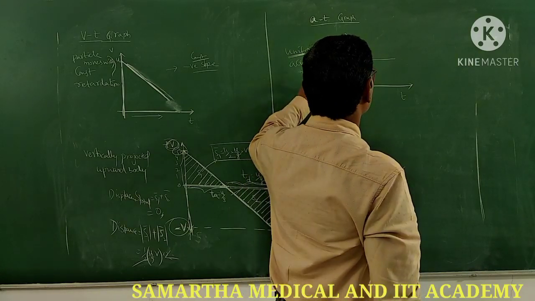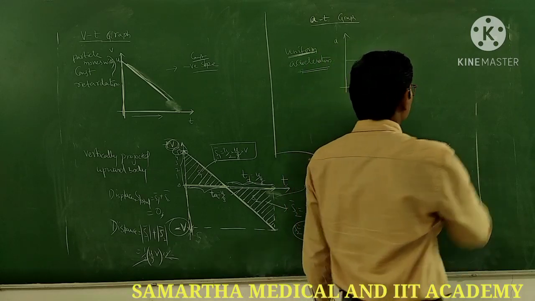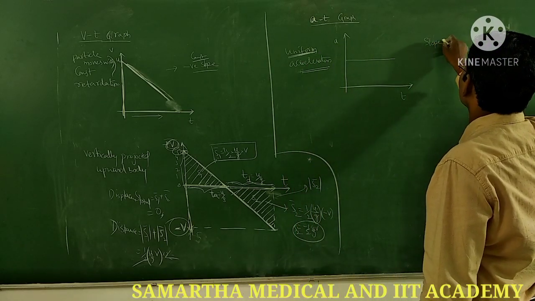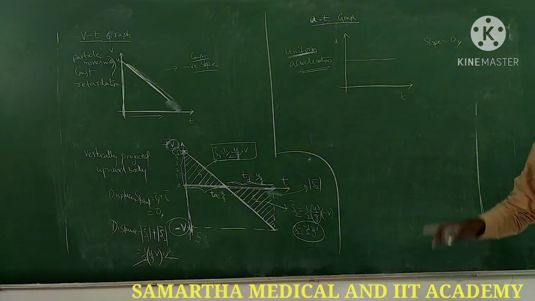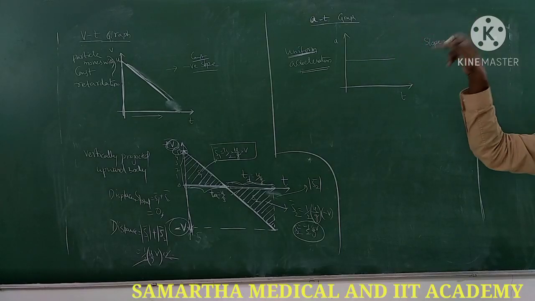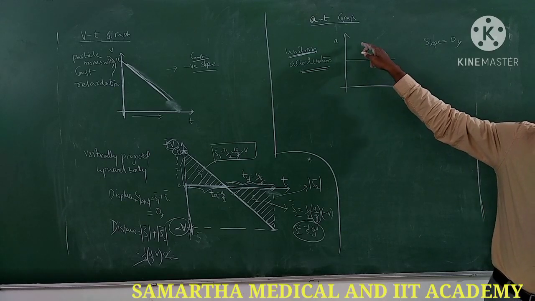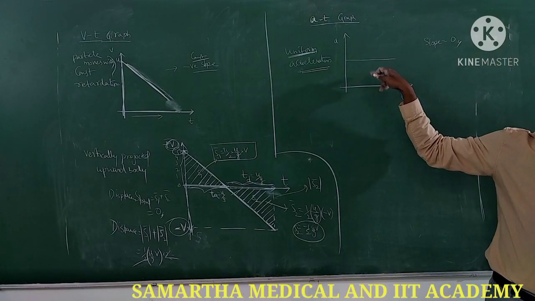What is the slope of this? Slope is 0. See here, how will you calculate the slope quantity? Rate of change of acceleration, dA by dt, like dy by dx. So change in coordinate, delta A by delta t or dA by dt.